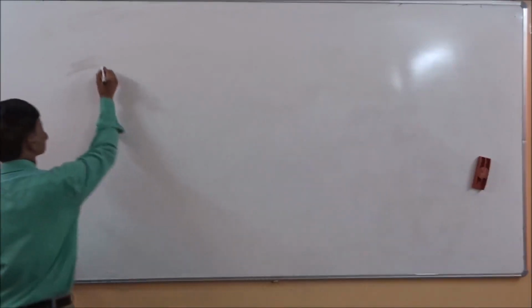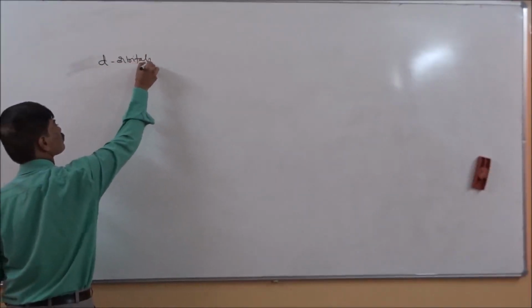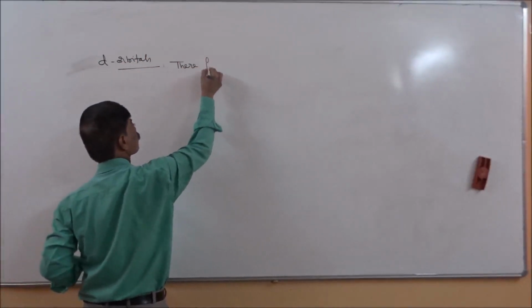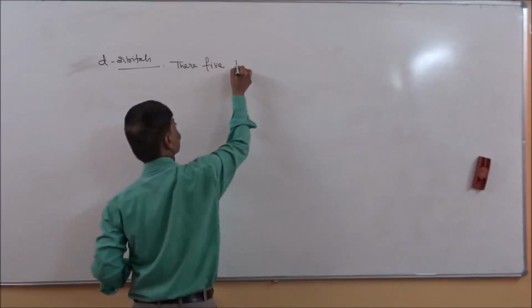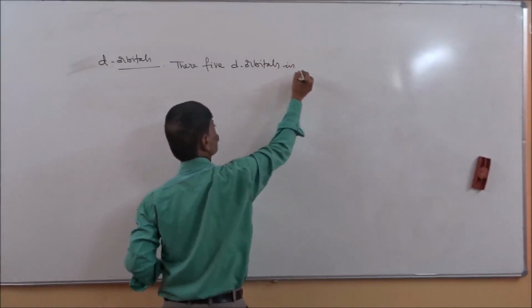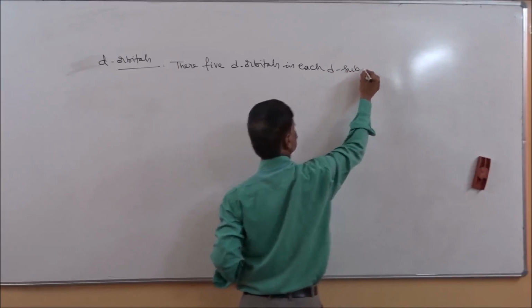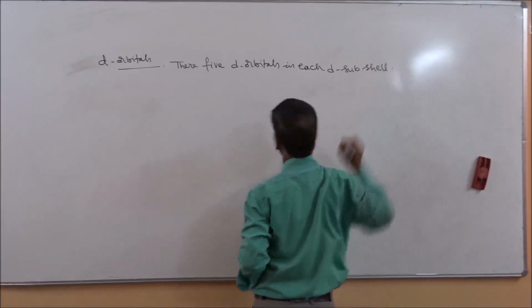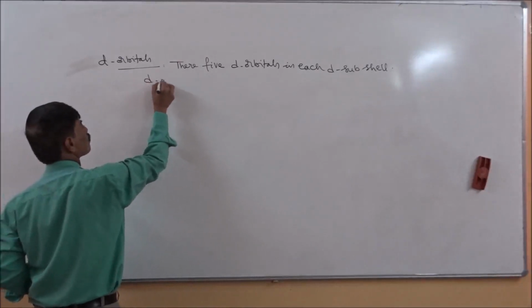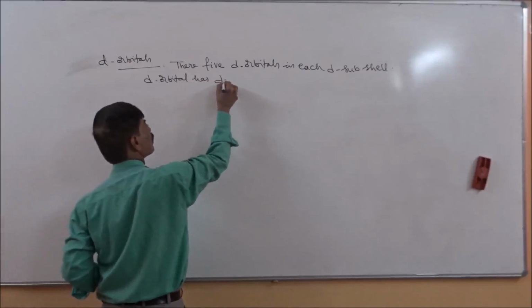So, shapes of d orbitals. There are 5 d orbitals in each d subshell. Next, d orbital has double dumbbell shape.